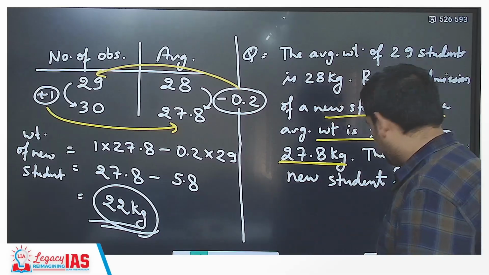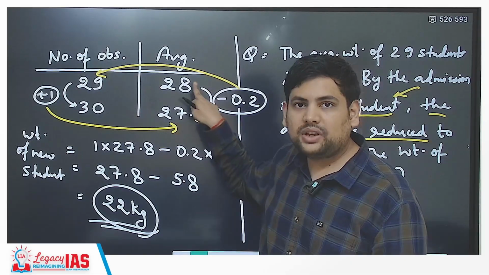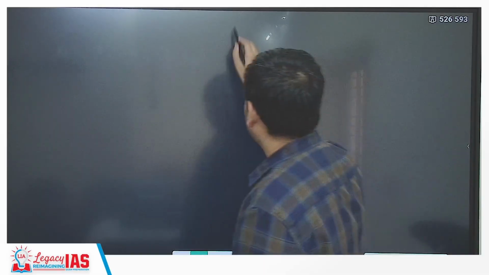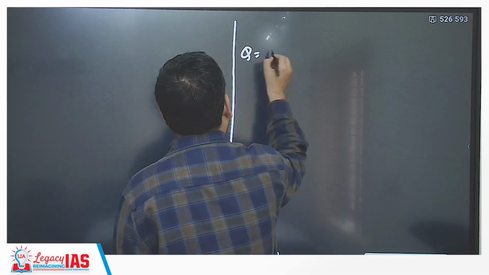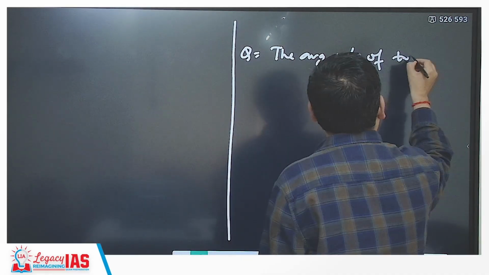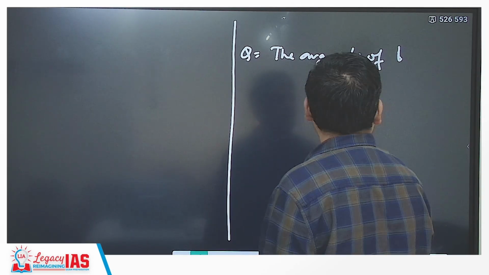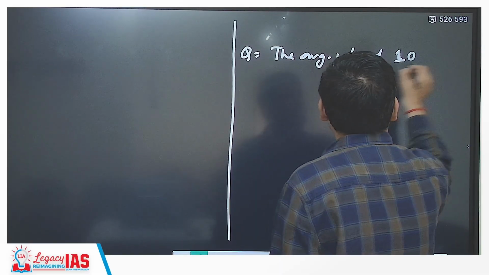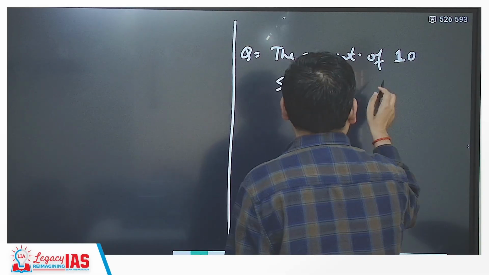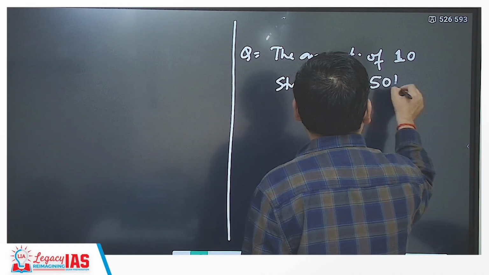Now let's do one more question. You understand how you write the observations always in ascending order, and then you see the difference as plus or minus. Follow the same process and you'll get to it. Now let's do one more question. Let's say the average weight of 10 students is 50 kg.